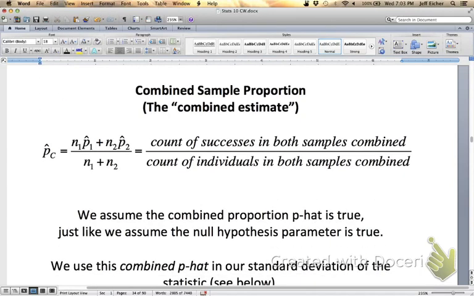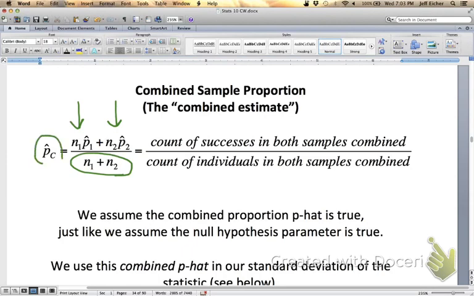It looks like a complicated formula, but basically all that's happening is you're adding the two sample sizes for a total sample. And you're taking the successes in the one sample, the first school for instance, how many kids in the first school, and then how many kids in the second school didn't have breakfast.